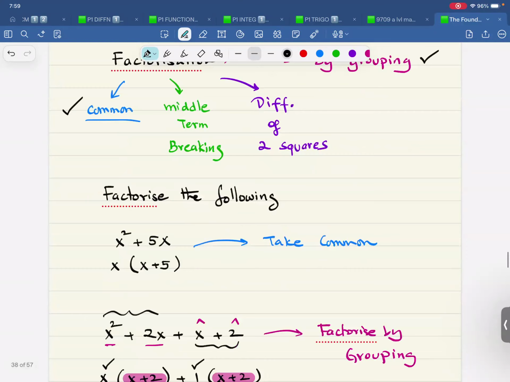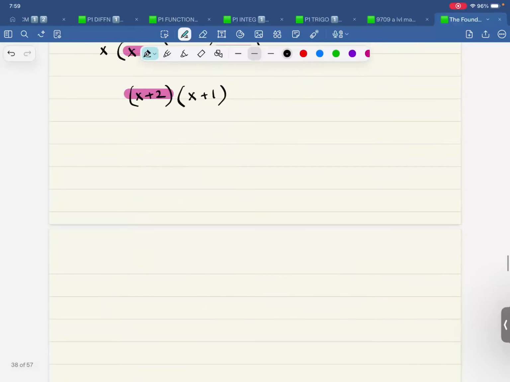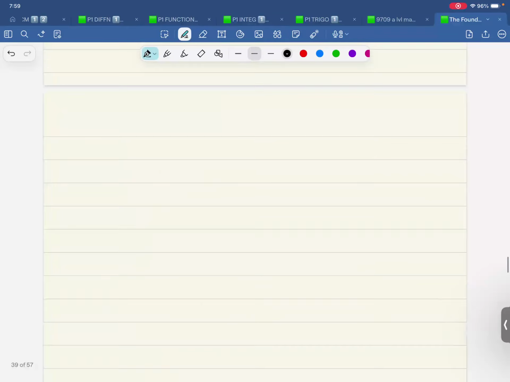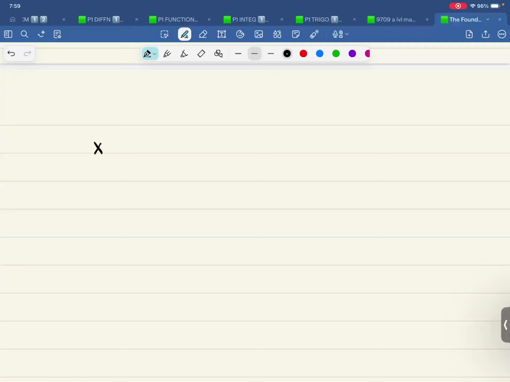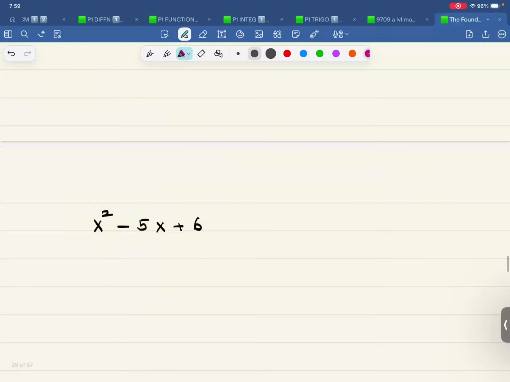Now let's go to the next page and take examples of middle term breaking. So now let's focus on this, and I'll be doing more examples of this. X square minus 5x plus 6, middle term breaking. Now focus on this, in the green color.